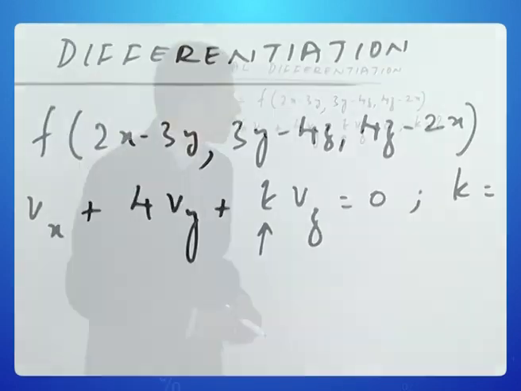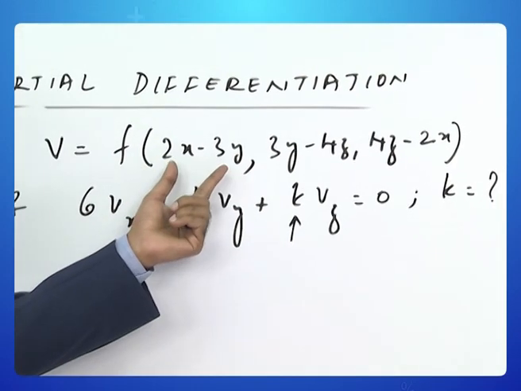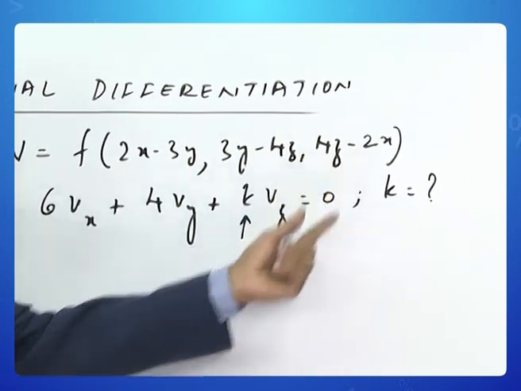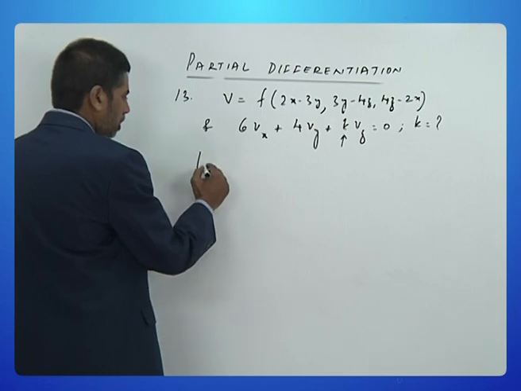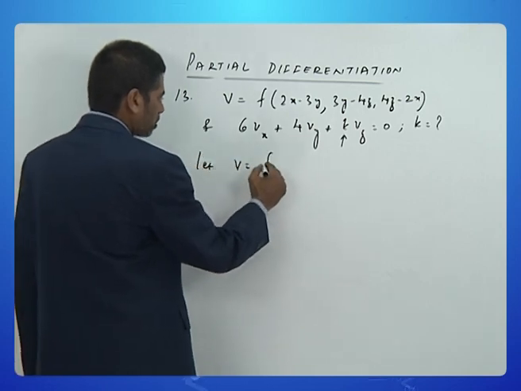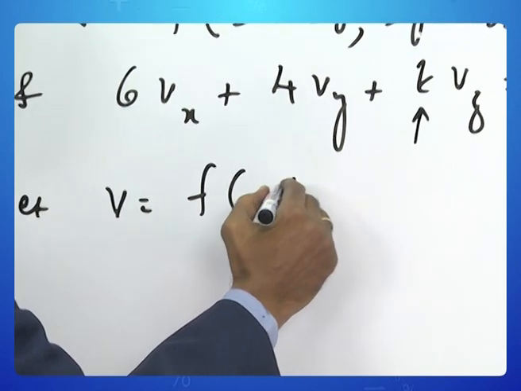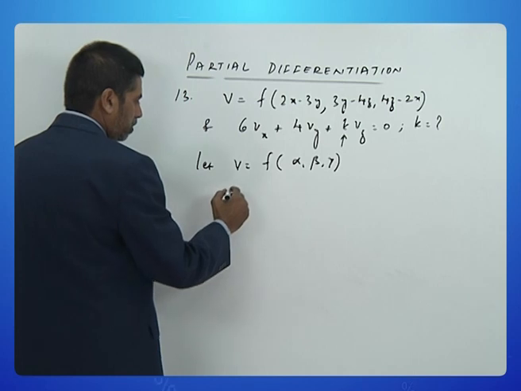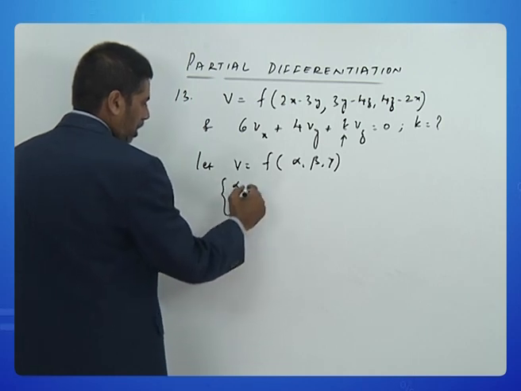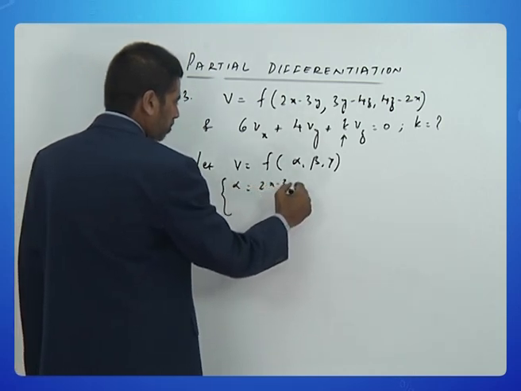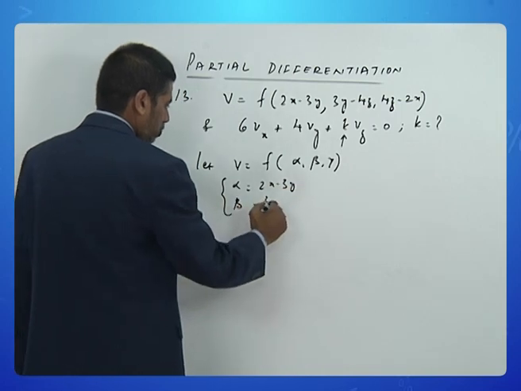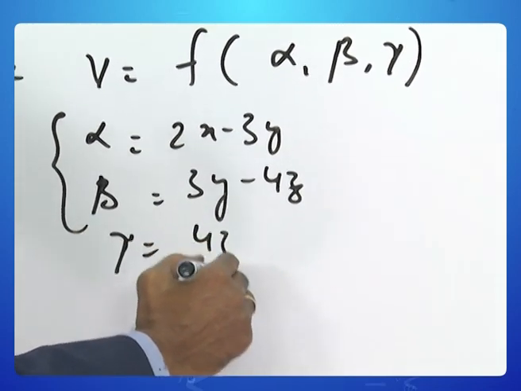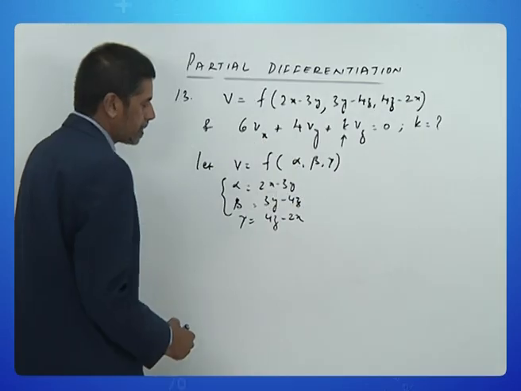First, what we do is we make substitutions for 2x minus 3y, 3y minus 4z, 4z minus 2x. So, let us write v is equal to a function of, let us say, alpha, beta, gamma, where alpha is 2x minus 3y, beta is equal to 3y minus 4z, gamma is equal to 4z minus 2x.